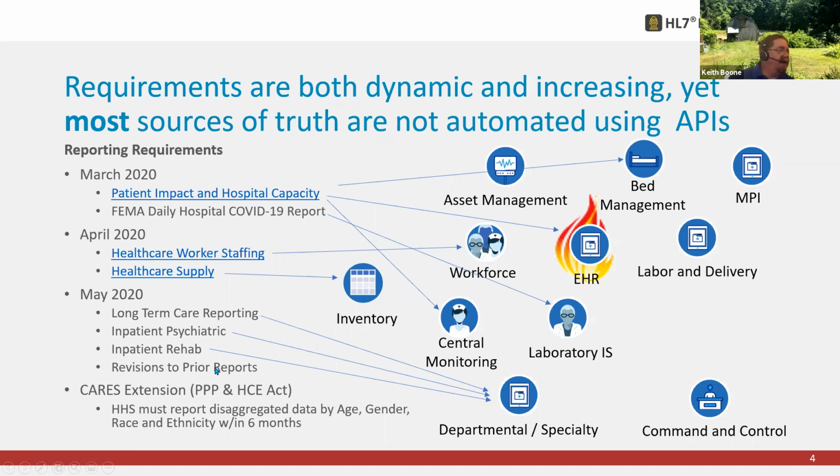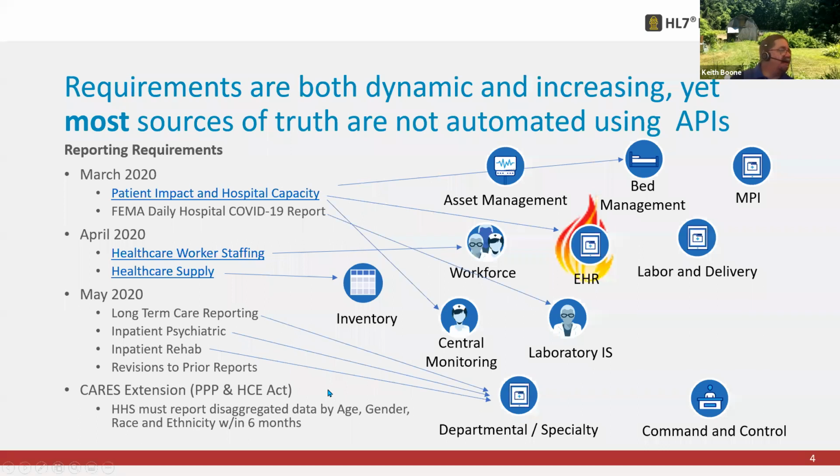And then once we've got all that set up, we've got to go back and revise those reports, because we realized that when we originally wrote the specification for one of these reports, the patient impact and hospital capacity module, the reporting data wasn't clear, so the names of fields were changed, and so that information's got to be changed and updated. So this creates a tremendous burden on providers.